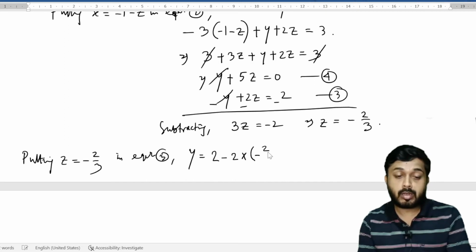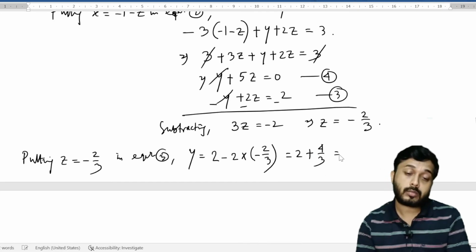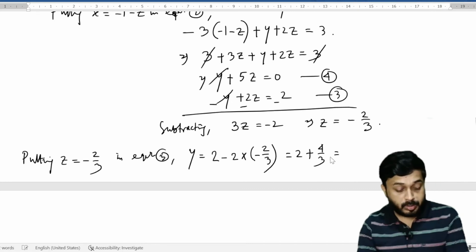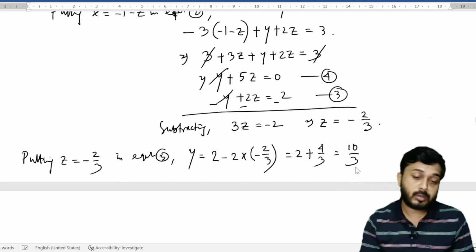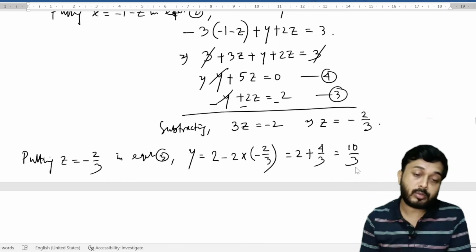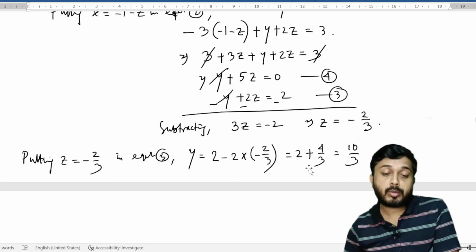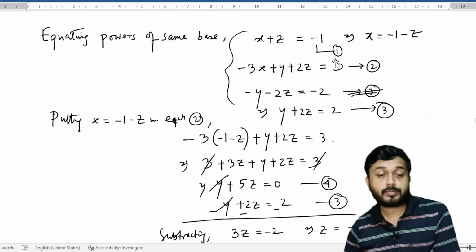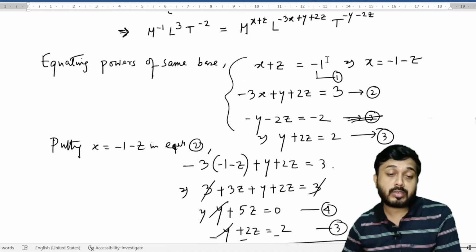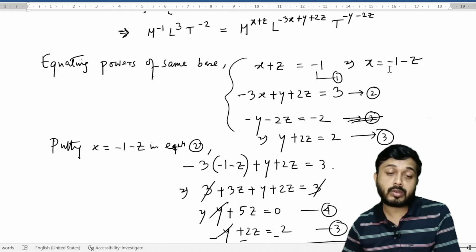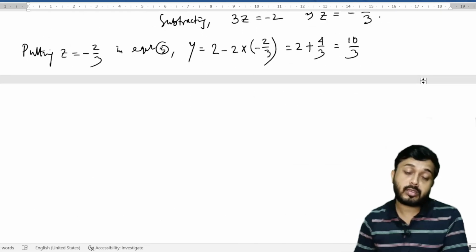What is z? Minus 2 by 3, right? So that is 2 plus 4 by 3, that is 10 by 3. Okay, so the values of y and z have come out. If we put the value of z in the first equation, the value of x will come out, or x equal to minus 1 minus z I've written already.